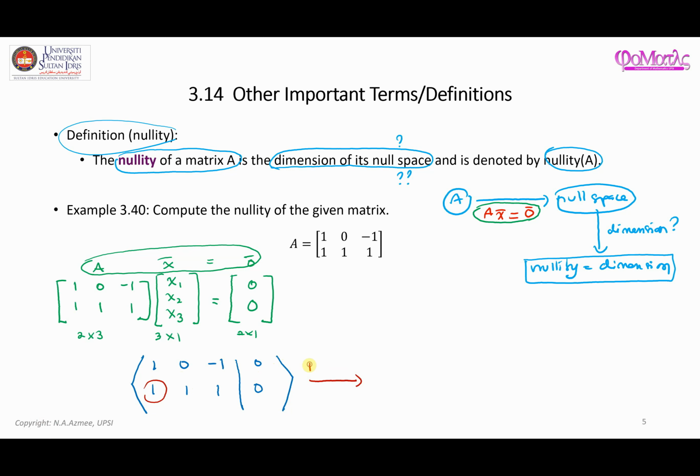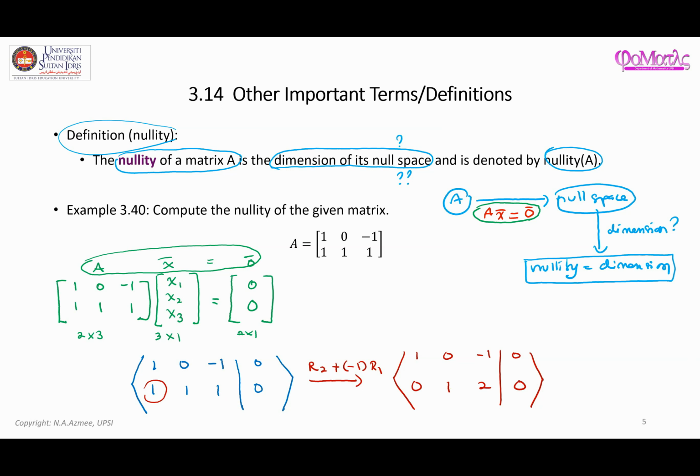So here we'll have the second row plus negative 1 of the first row, and you shall get the following result. So 1 minus 1 is 0, 1 minus 0 is 1, 1 plus 1 is 2, and here is 0. And this is already a simplified version.